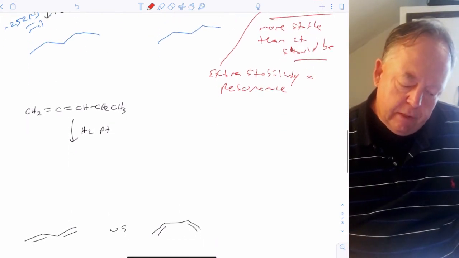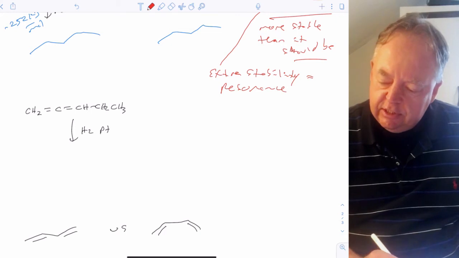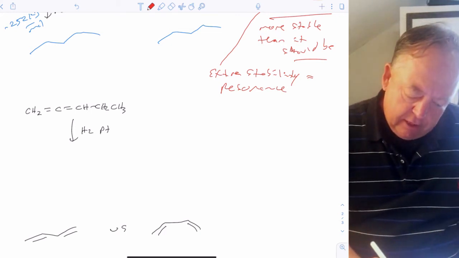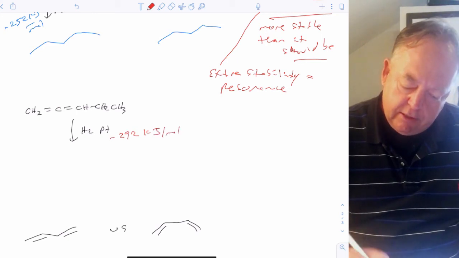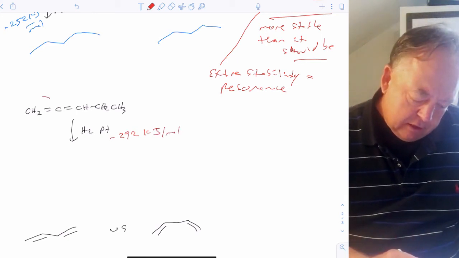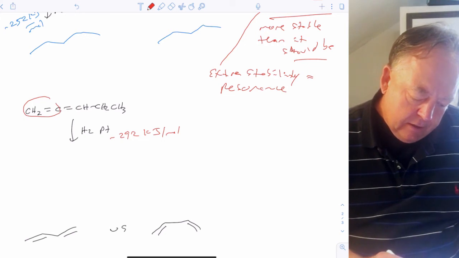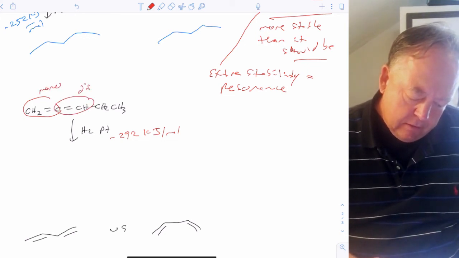Okay, and what if it's accumulated double bonds? So the double bonds are on adjacent carbons. If you did the hydrogenation here, negative 292 kilojoules per mole is what you get. And in this case, again, you have a monosubstituted double bond and a disubstituted double bond.